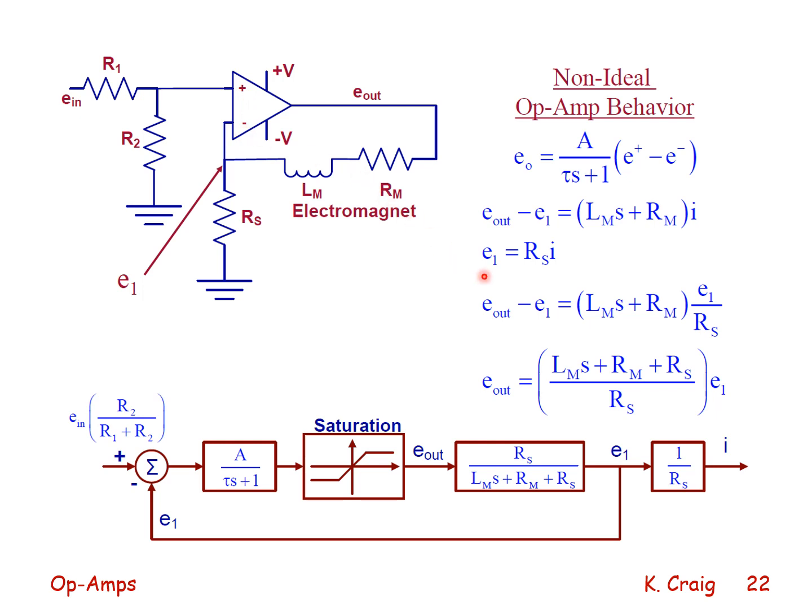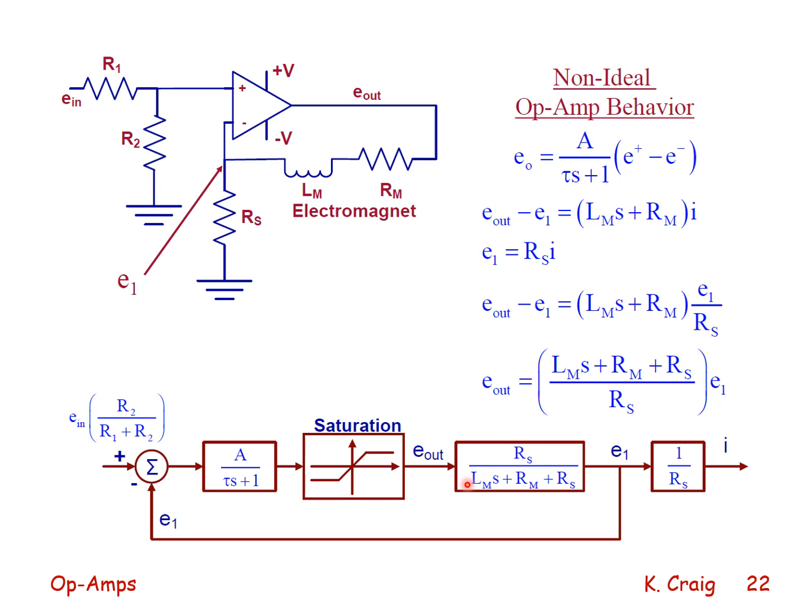If I combine all of these terms, I see that E out minus E1 is equal to LMS plus RM times I, but I is equal to E1 over R sub S. Factoring out E1, I get the relationship between E out and E1.